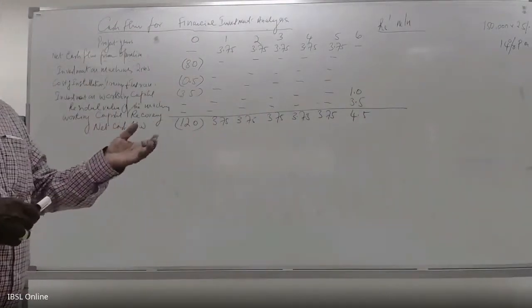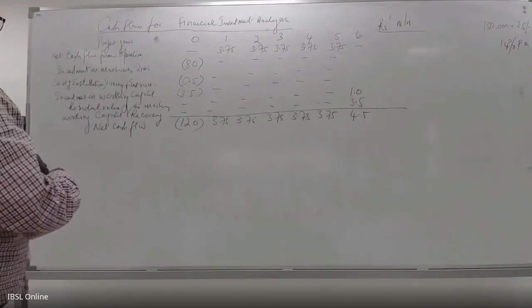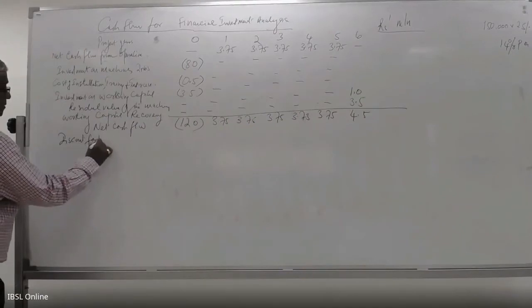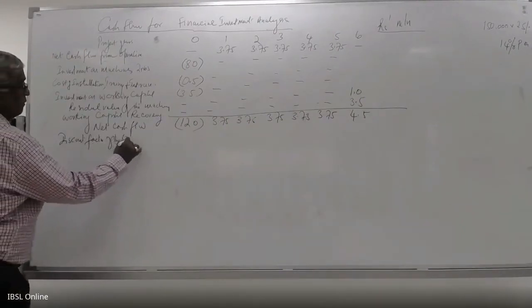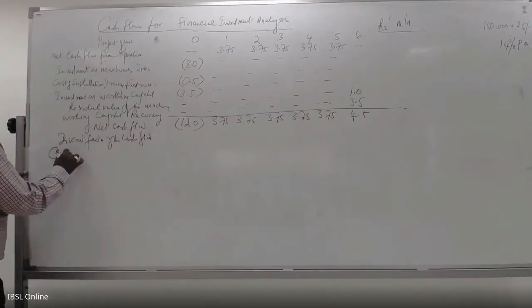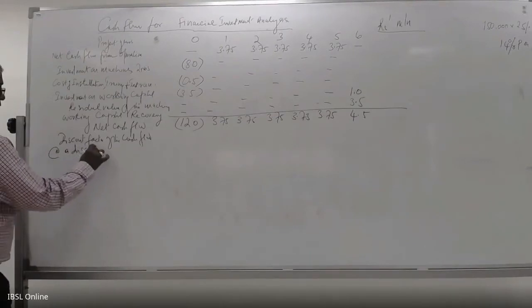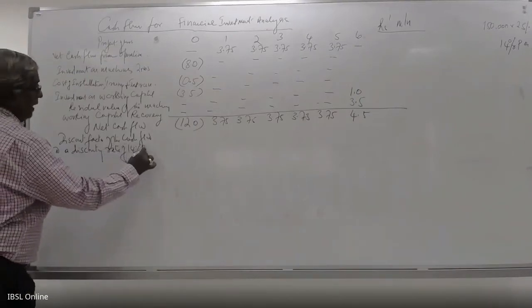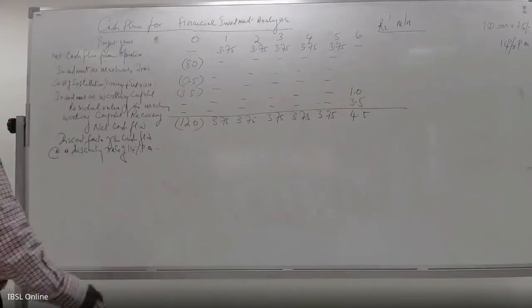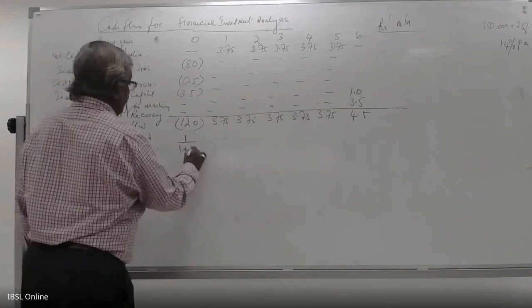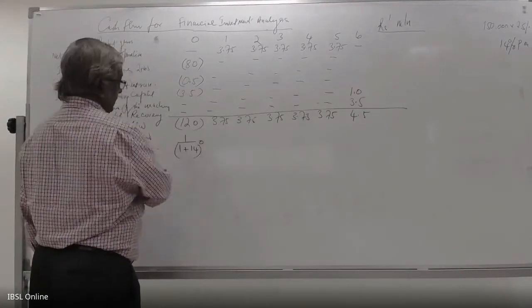Discount it with that 14% and see what will happen. First, we have to work out the discount factor of the cash flow at a discounting rate of 14% per annum. So here, 1 divided by 1 plus 0.14 to the power 0.